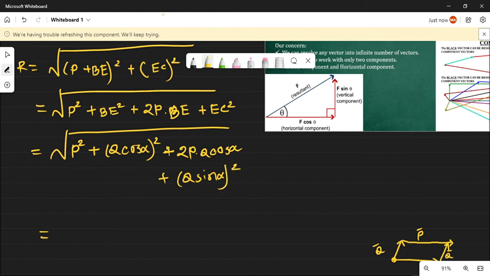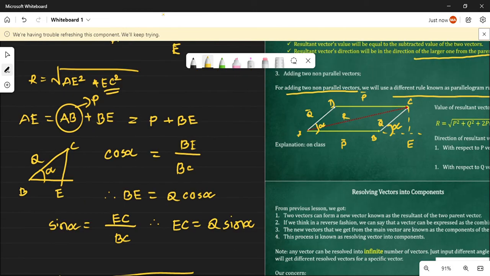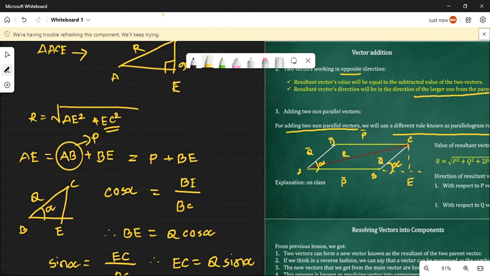So now this will be equal to P square plus Q square plus 2PQ cos alpha. Q cos alpha squared and Q sin alpha squared will be added to Q square, that's why I have just written the term Q square here. So that's the proof. The main vector addition format is there.